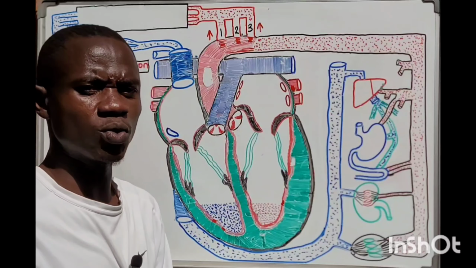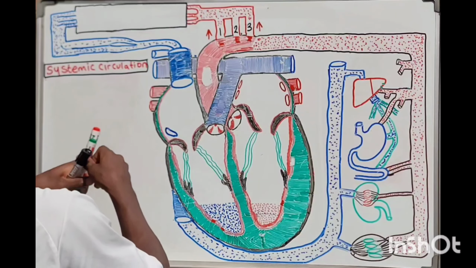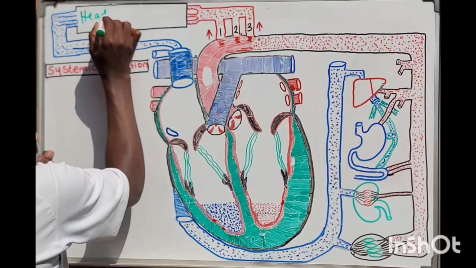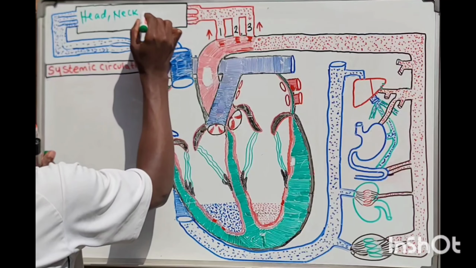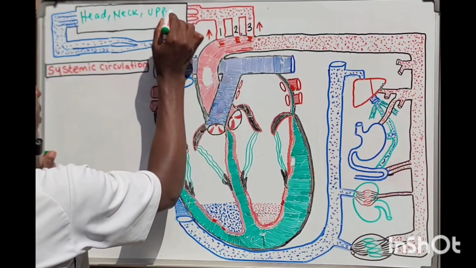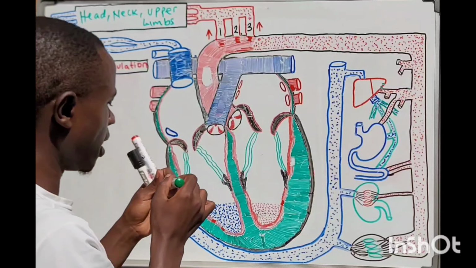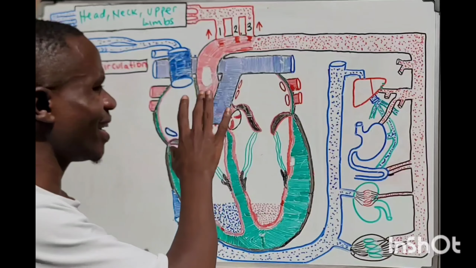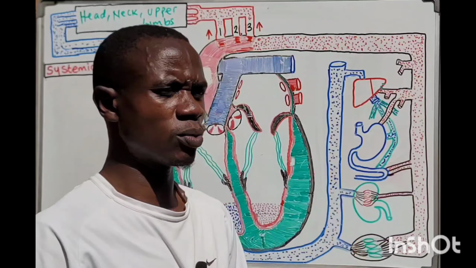When we talk of the upper extremities, I'm mainly focusing on the head, the neck, and the upper limbs, plus a little bit of the thoracic region, which is also part of the upper extremities.